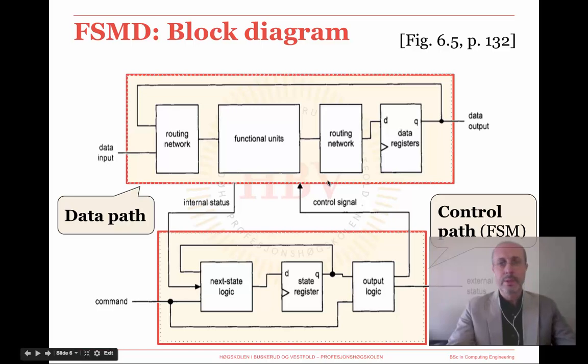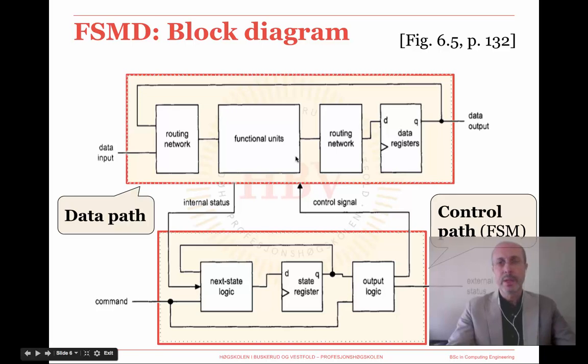It is important to notice also the flow of information between the two paths, with status signals being transferred from the data path to the control path, and control signals being fed back from the control path to the data path.